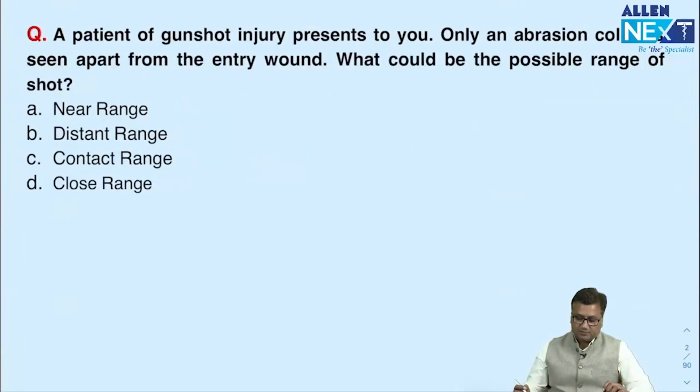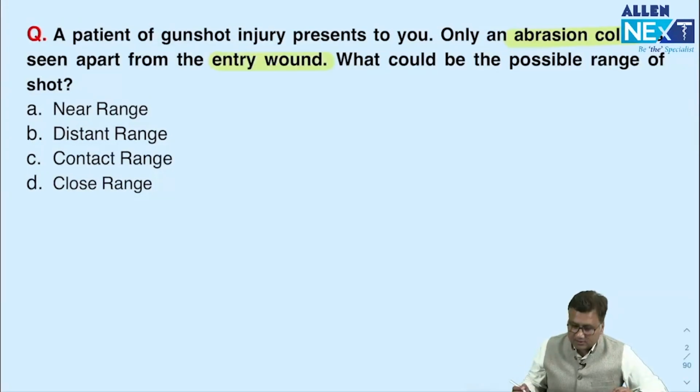The first question is there is a patient of gunshot injury who presents to you in hospital, or maybe he's dead, but the question says who presents to you. Only an abrasion collar is seen apart from the entry wound.